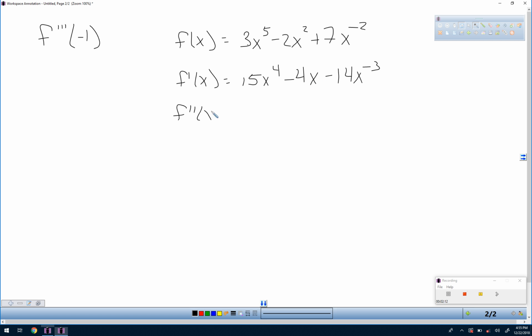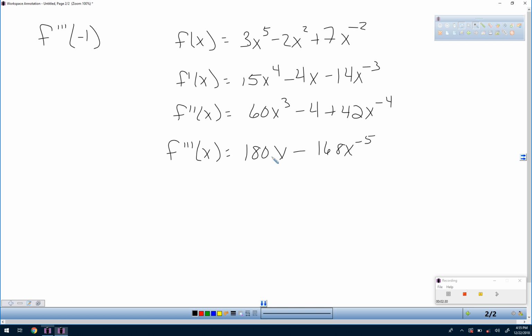Repeating that, taking the second derivative, getting 60x cubed minus 4 plus 42x to the -4. And taking it one more time, the third derivative would be 180x, that would be 0, minus 168x to the -5th, and then substituting in the value for x.